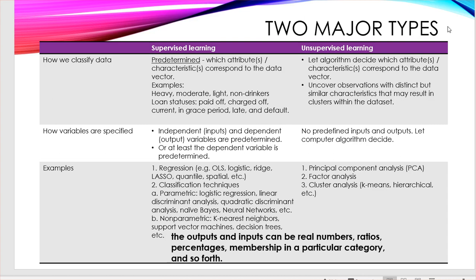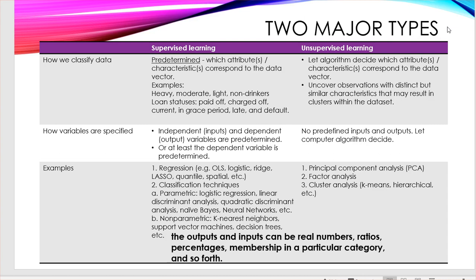As I mentioned in the previous slides, we classify people into different drinking or smoking categories based on the number of drinks per day or the number of cigarette smokes per day or in a week. And we classify different loan statuses: current, overdue, paid off or charged off, or in grace period, based on whether payment is being made on time or how far the payment is late.